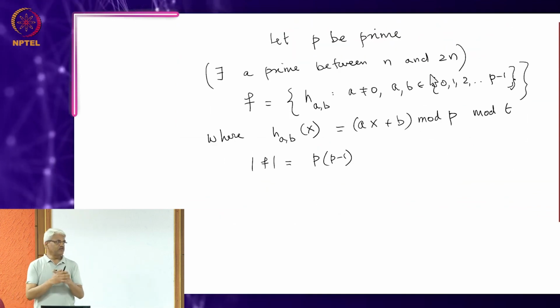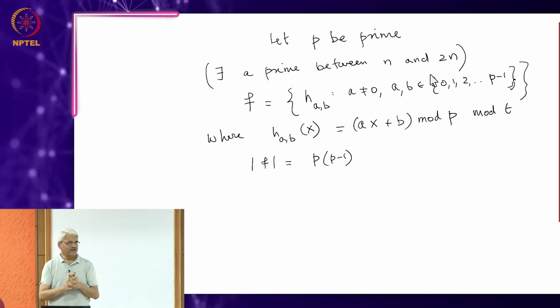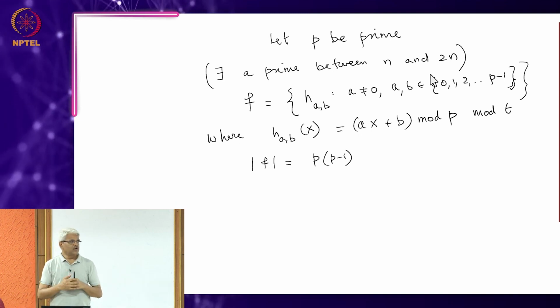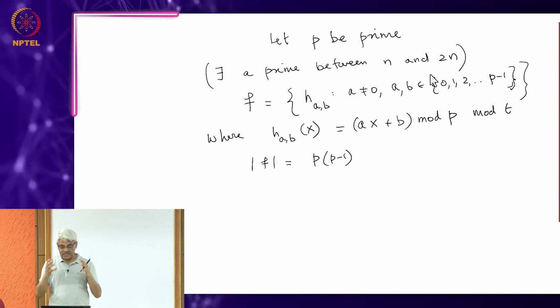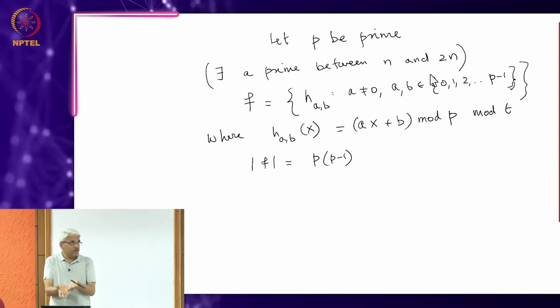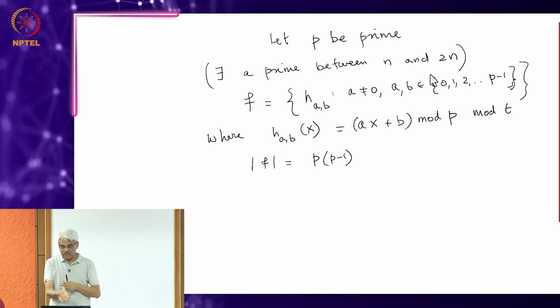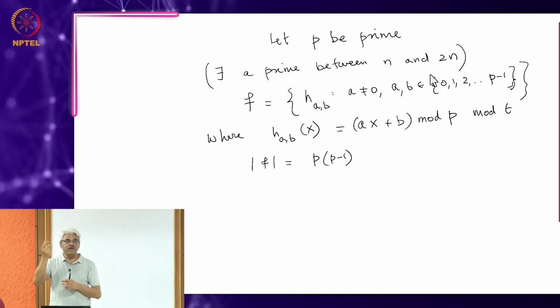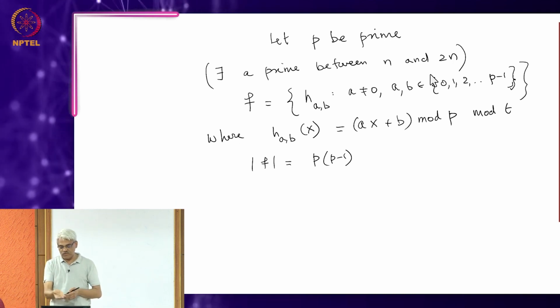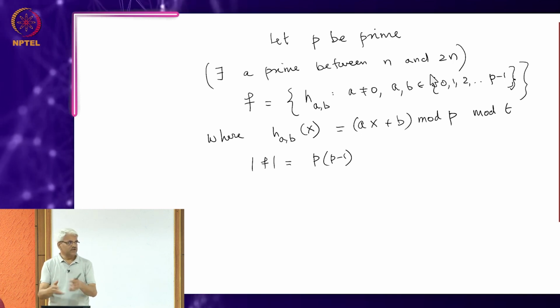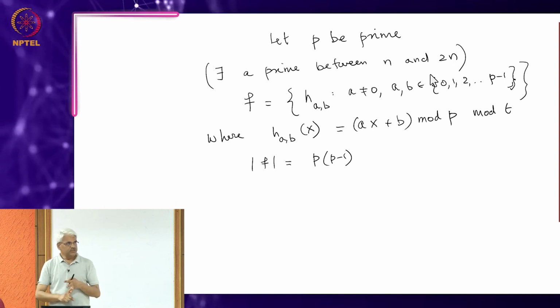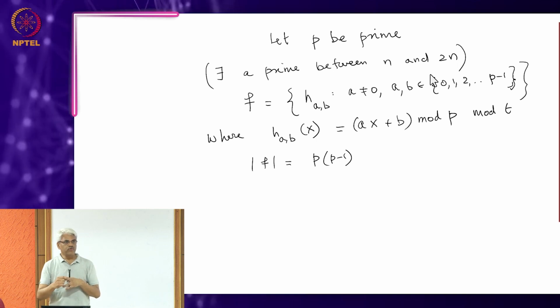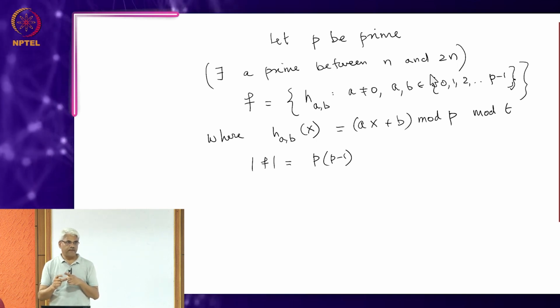And now I will argue, again it is not at all hard, that this is good enough, this is 2-universal. It is easy to compute, look at the function. All I need to remember is a and b; it is just one multiplication, one addition and two modulus computations. So it is easy to compute, small space. Now I have to prove to you that it is 2-universal.